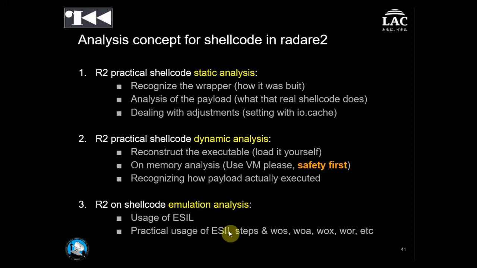And these operations can be used for checking values or the binaries being investigated without messing with the real binary, if you are using io.cache. If you are using ESIL, it will not touch the original binary or the original environment at all, and radare will use a fake stack for that, and everything will go to the VM environment for any kind of operations. So this is the big difference between these two. Please be careful about that.